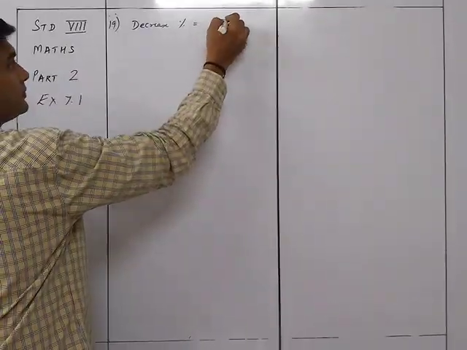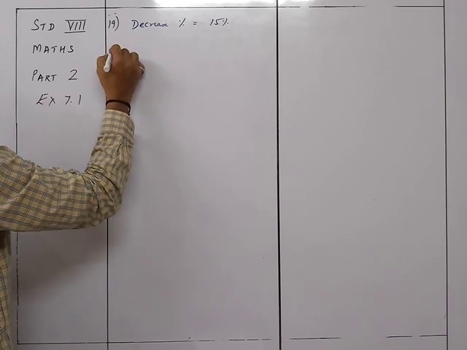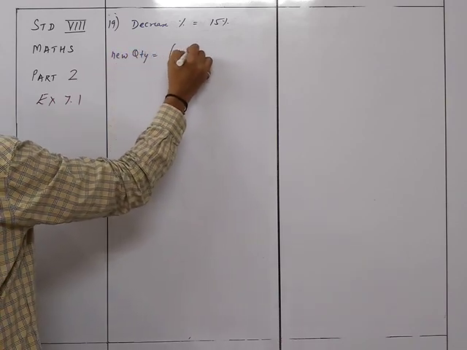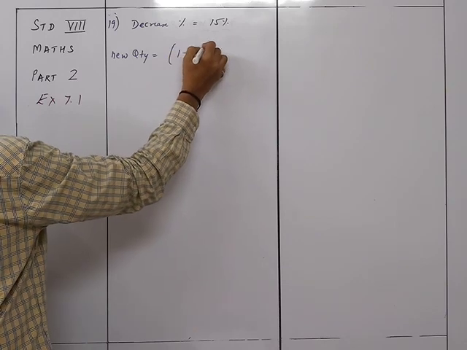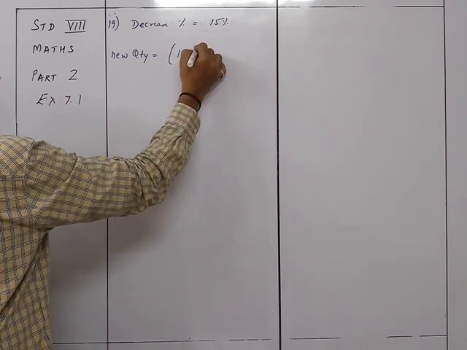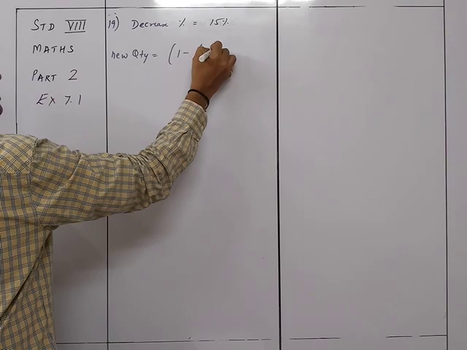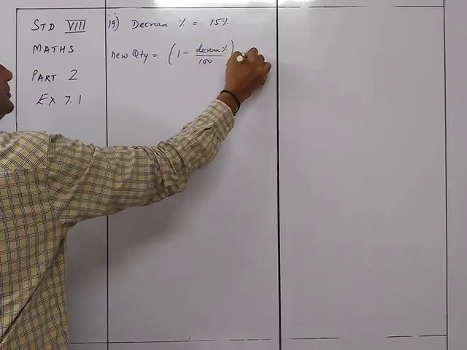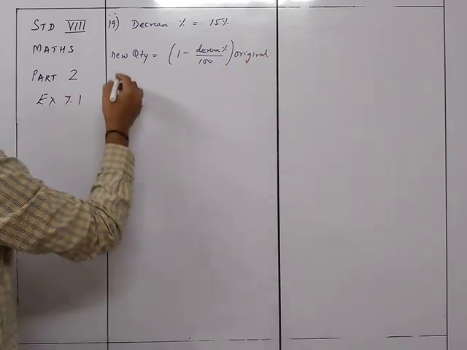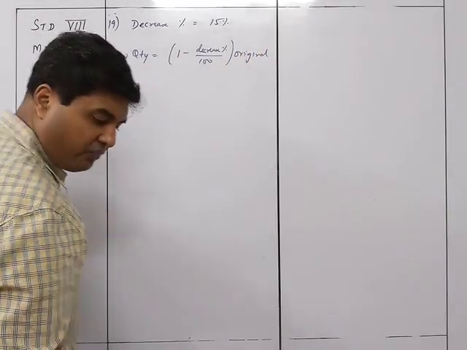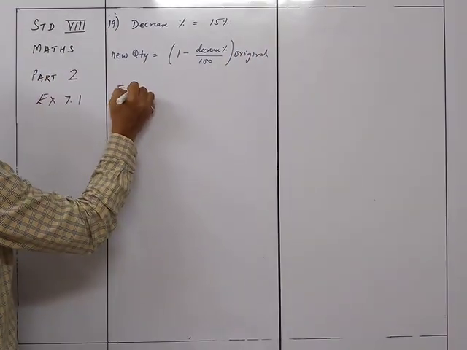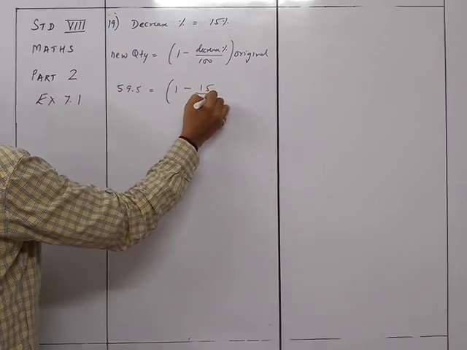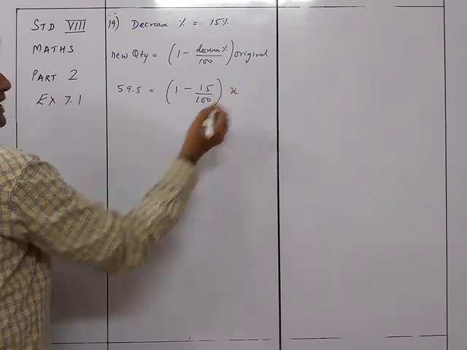15%. So we have the formula: new quantity is equal to 1 minus decrease percent upon 100 into original. Now the new value we already know is 59.5. So 59.5 is equal to 1 minus 15 upon 100 into original, original को भी x ले लेते हैं.